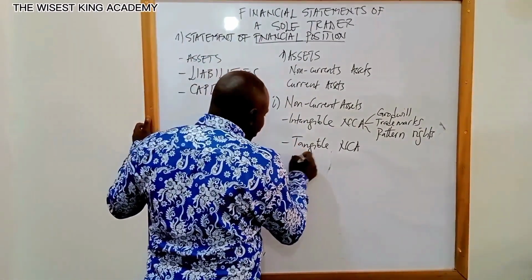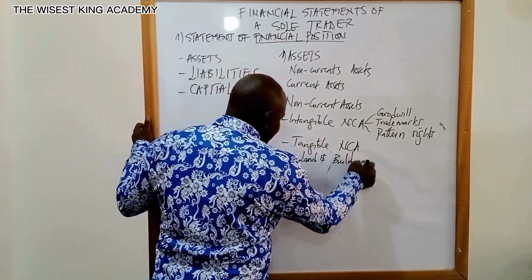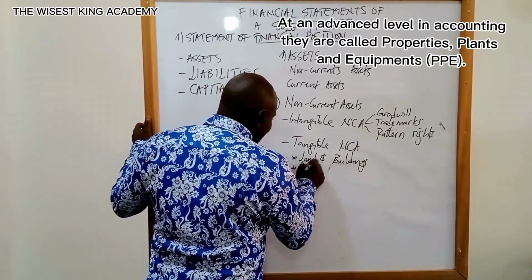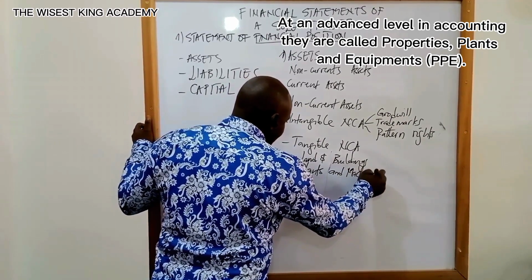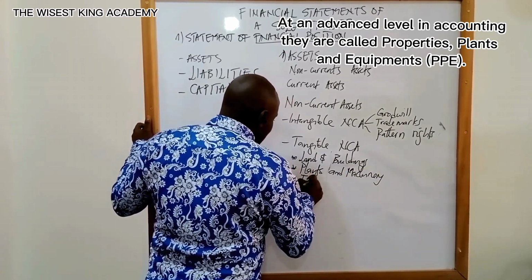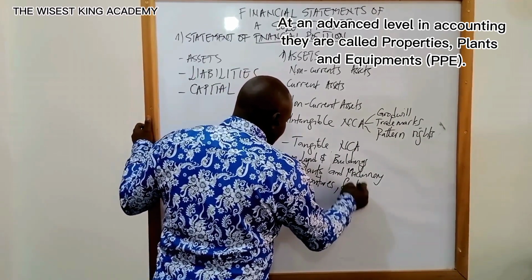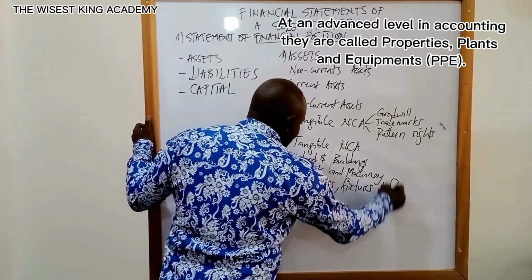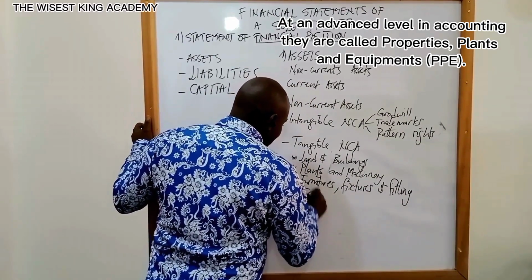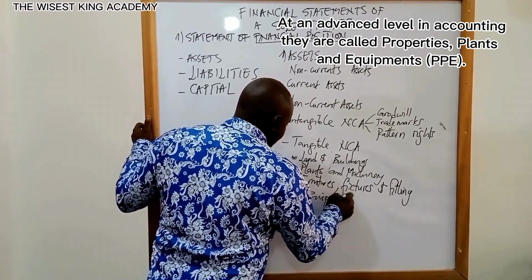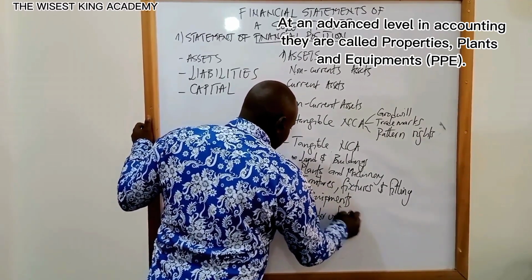Examples of that classification include land and buildings, plants and machinery, furniture, fixtures and fittings, equipment, and finally motor vehicles.